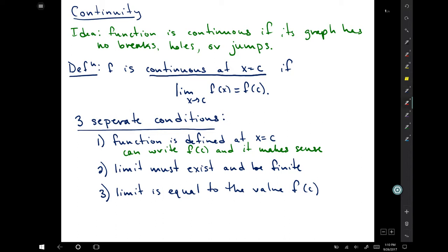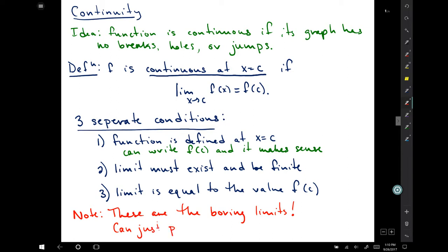One thing that I like to tell people about continuity, about this limit, is that these are the boring limits. Because what this definition is saying is that to take a limit, I can just plug in c to f of x.